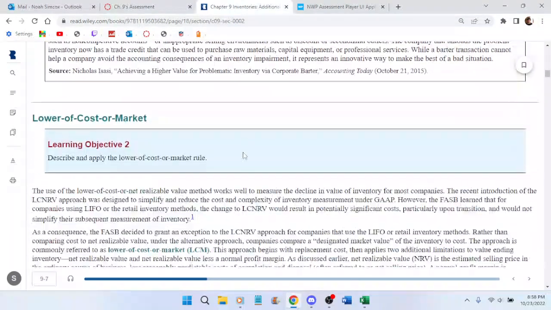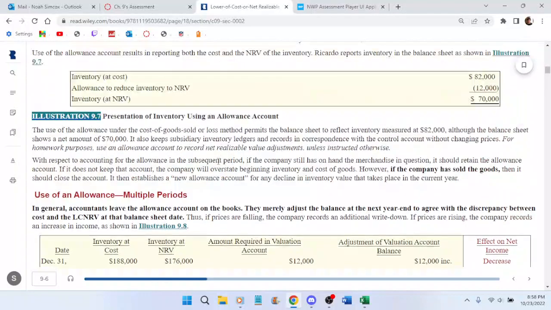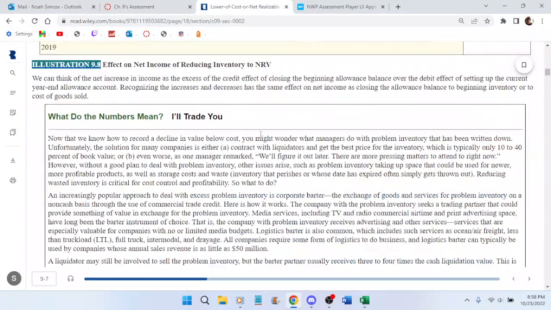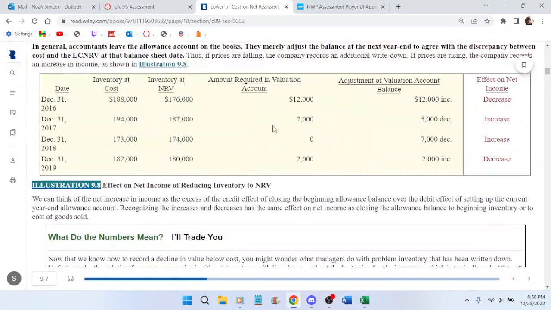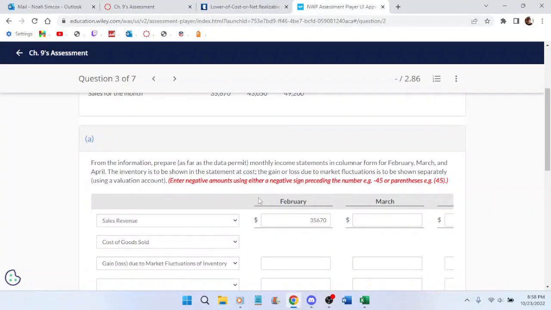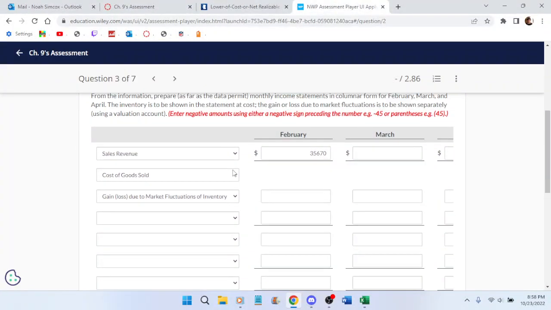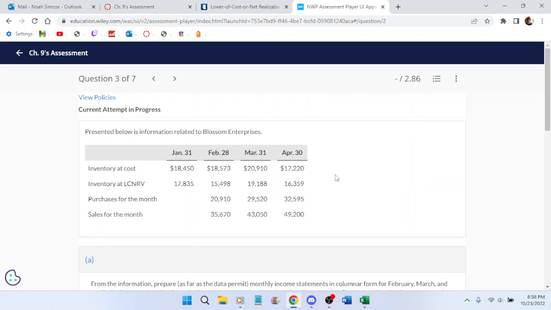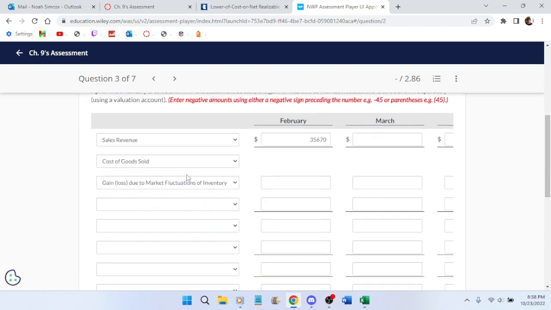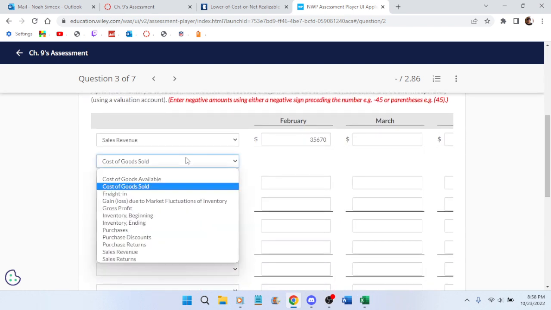There is no income statement listed because they didn't show you how to use an income statement to do that. Why are you supposed to put inventory in an income statement? There is no allowance account either.